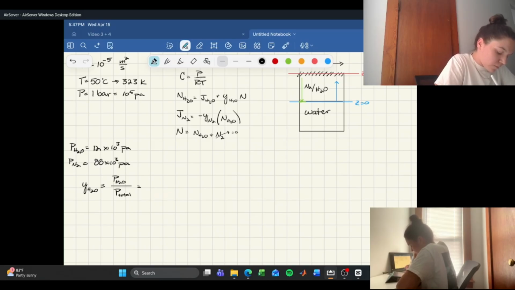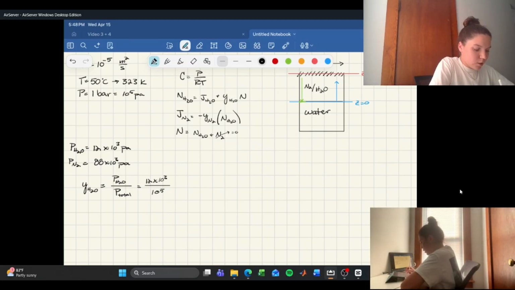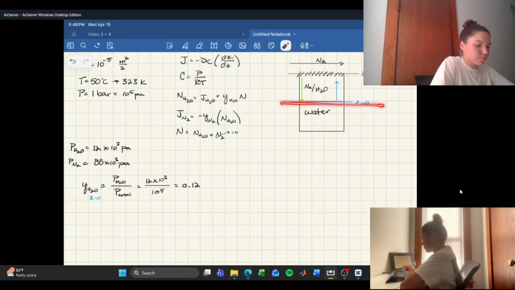So that's going to be 12 times 10 to the third over 10 to the fifth. And this will be equal to 0.12. This is happening at the interface. Z is equal to 0. So that's right there.